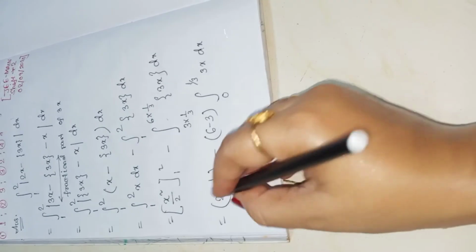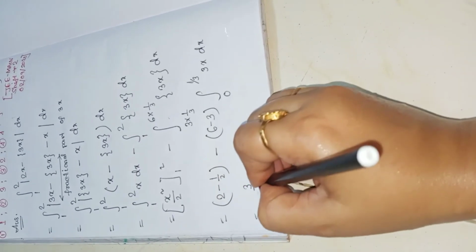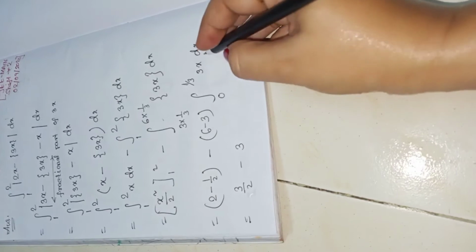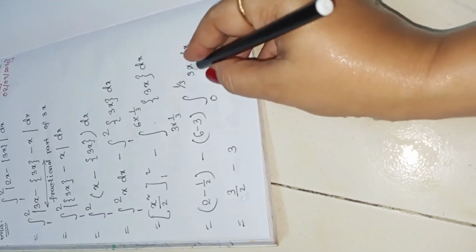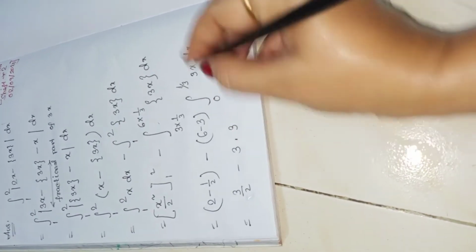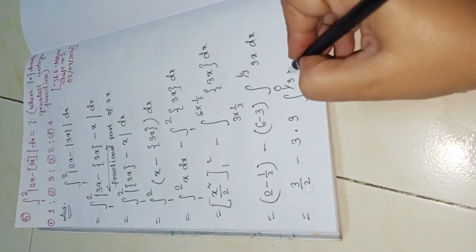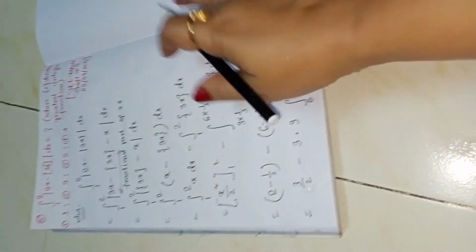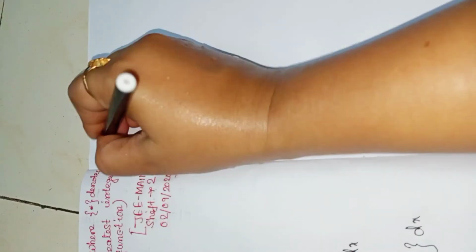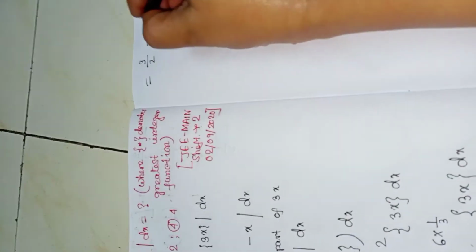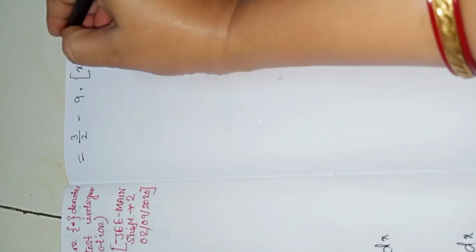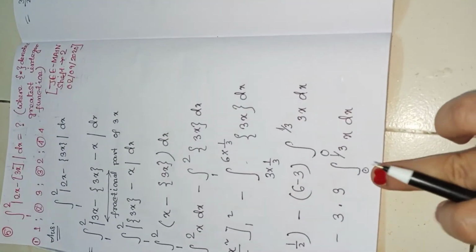So it becomes 3 by 2 minus 3 into, removing 3 from this, integral 0 to 1 by 3 of x dx. So it is 3 by 2 minus 9 into x square between the limits 0 to 1 by 3.